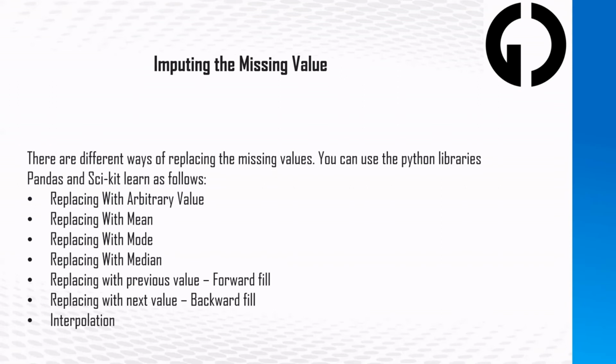The second one is replacing with mean. This is the most common method of imputing missing values of numeric columns. If there are outliers, then mean will not be appropriate, because the mean might shift to the right or left based on your outliers.